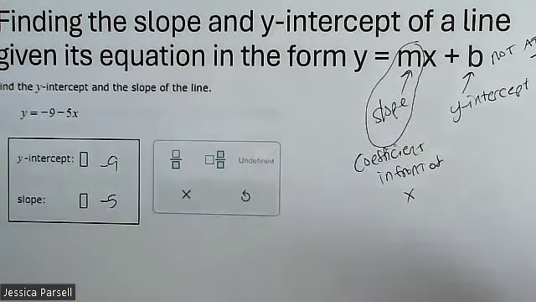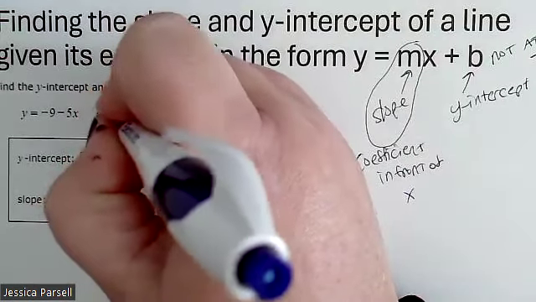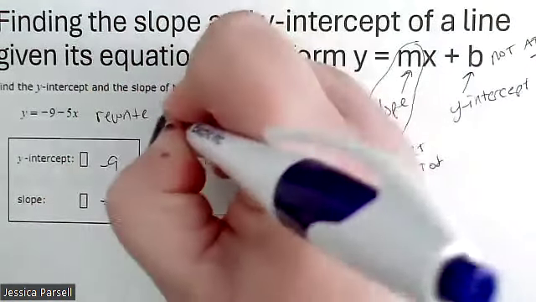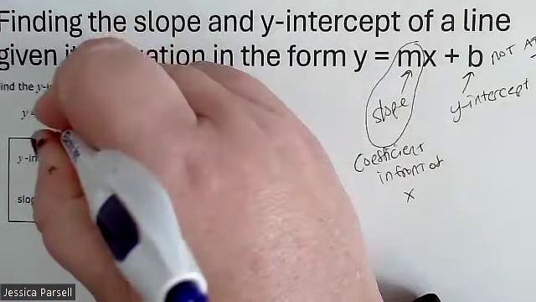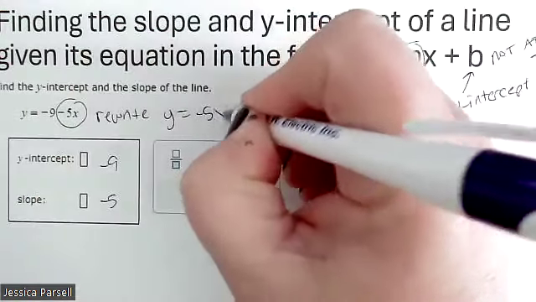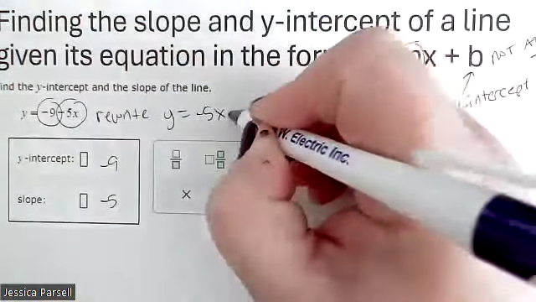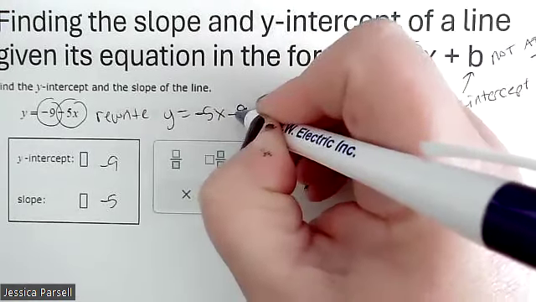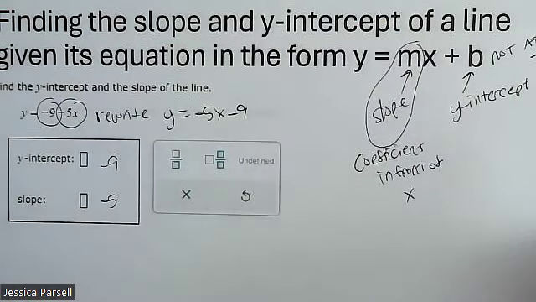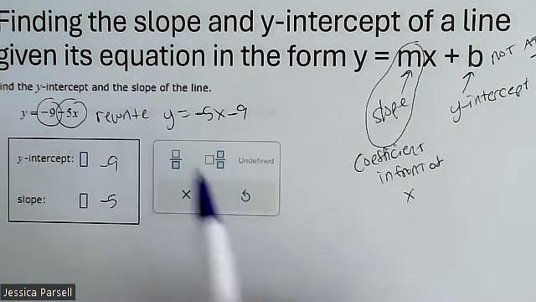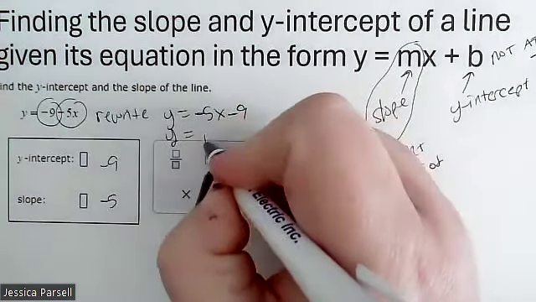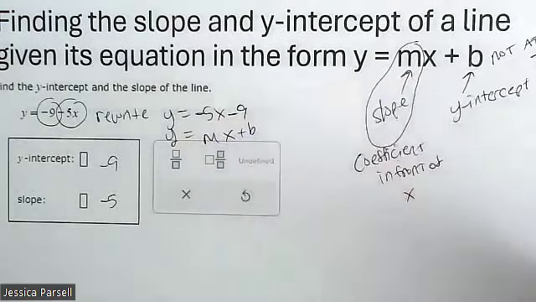You can rewrite this if you want. You could rewrite this as y = put this first, -5x, this second, -9. You're totally allowed to rewrite it as long as you are careful to keep the signs with the proper placement here. So now this looks more like y = mx + b, right?